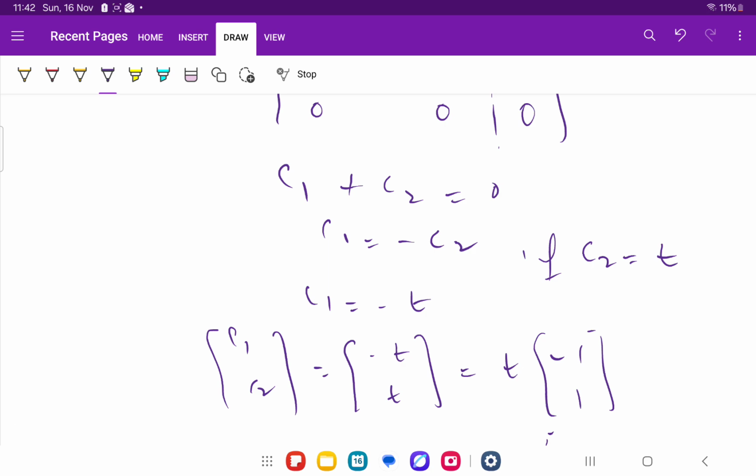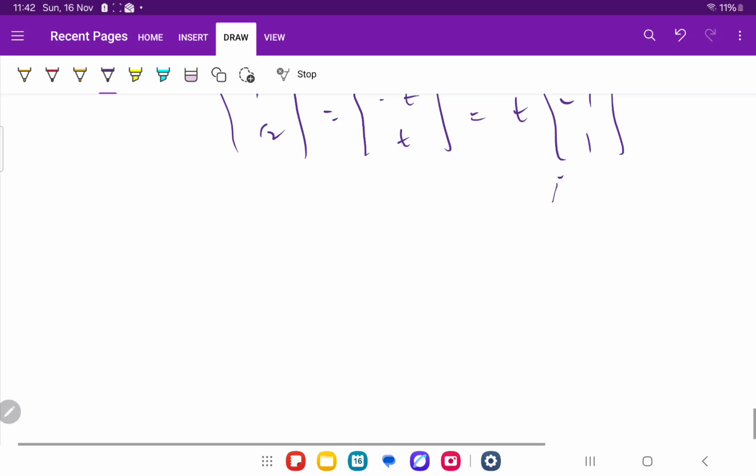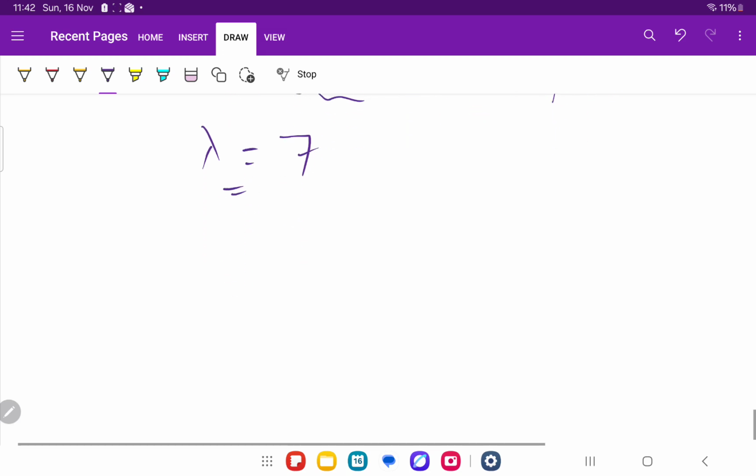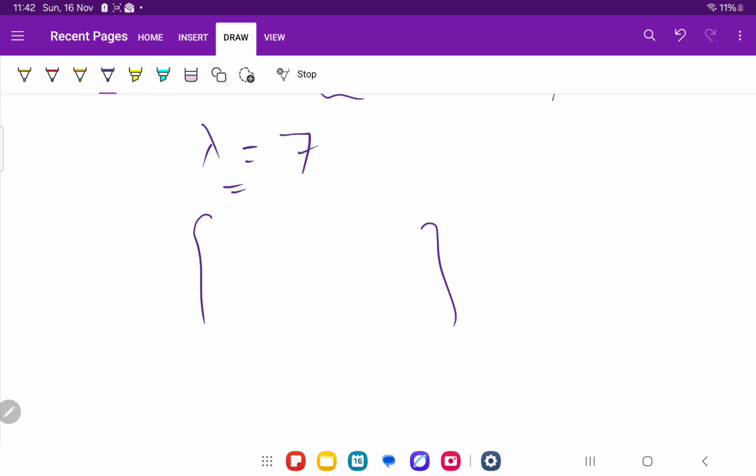Okay, and then for lambda is equal to 7, because the second value is lambda is 7. We have to write again the matrix: 2 minus 7, 4, 5, 3 minus 7. Okay, 2 minus 7, 4, 5, 3 minus 7.